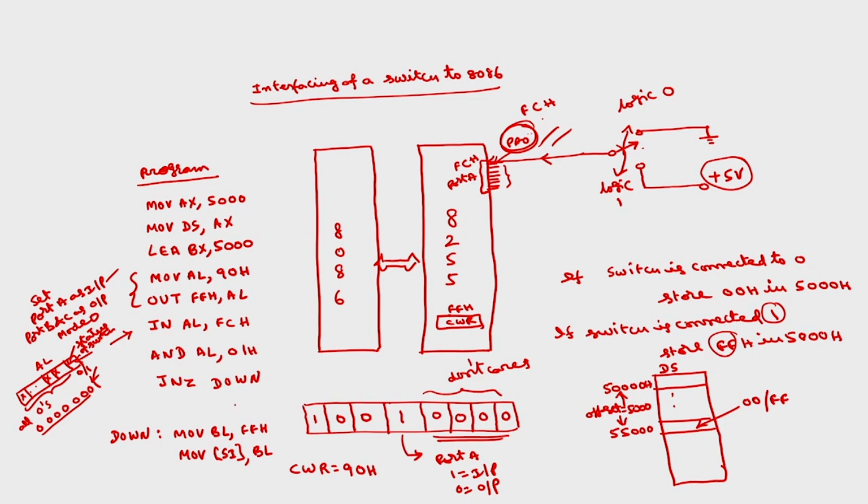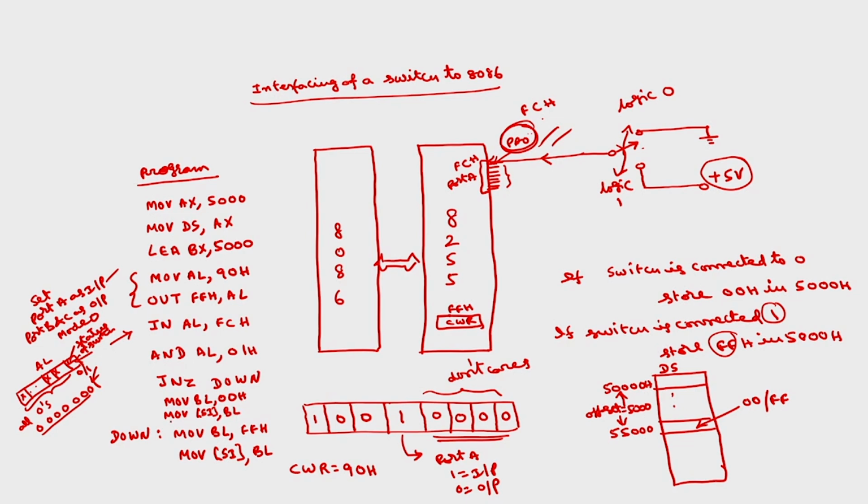If this is false, I have to store 0 0. For that you take move BL comma 0 0, then move SI comma BL.